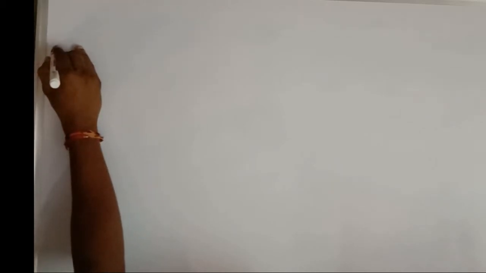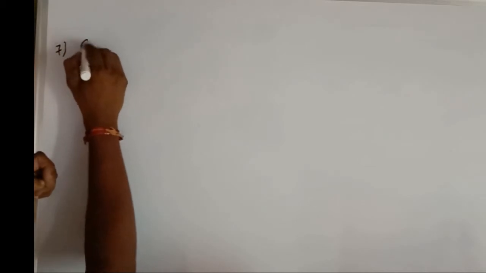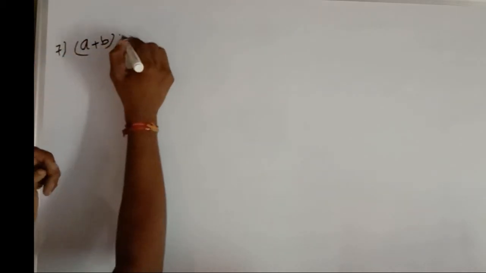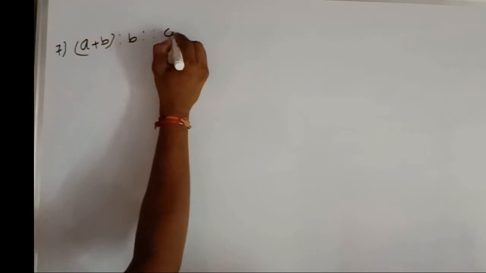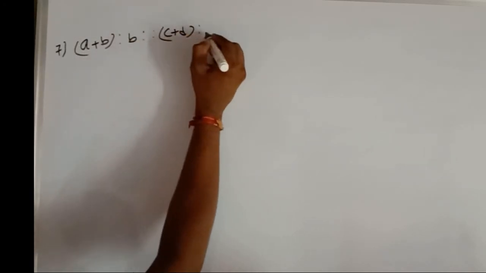Children, the next question, the seventh question, is: find the result obtained by applying dividendo to a plus b is to b proportion to c plus d is to d.